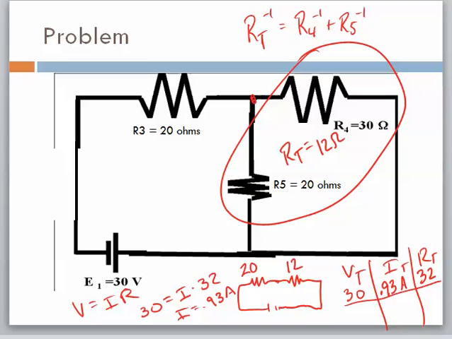So what have we done so far? We took this whole circuit that was in series and parallel, and we started making it into just a series circuit. We started simplifying it by turning it into a series circuit. We took a circuit that was in parallel and series.